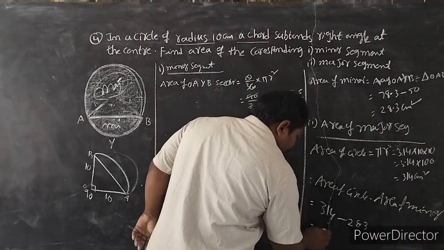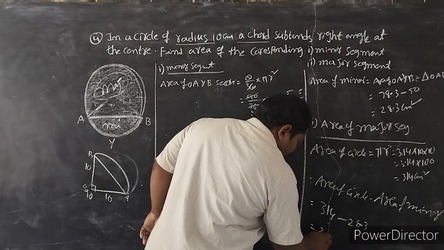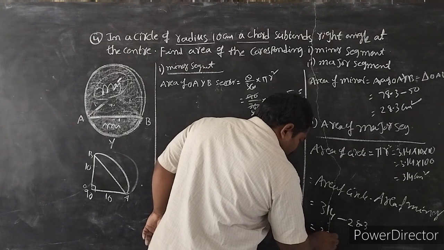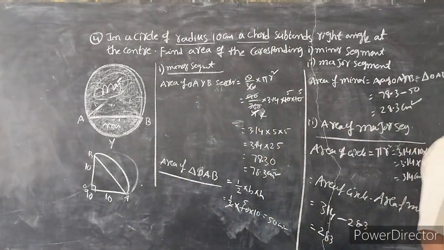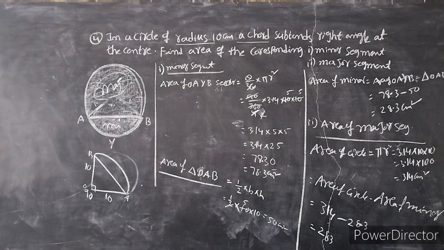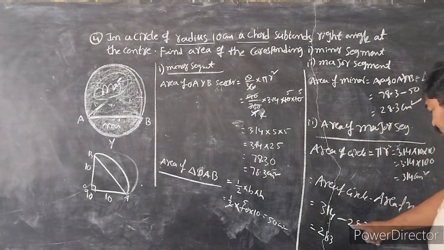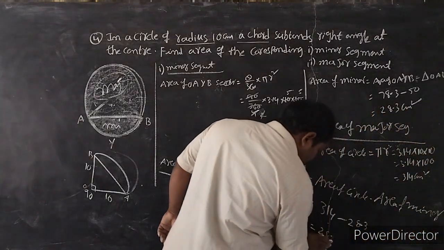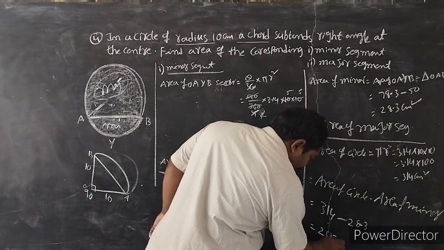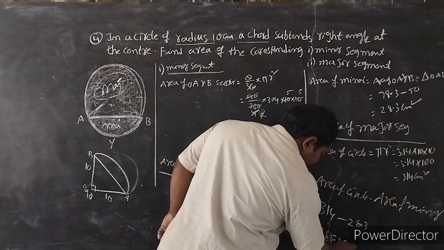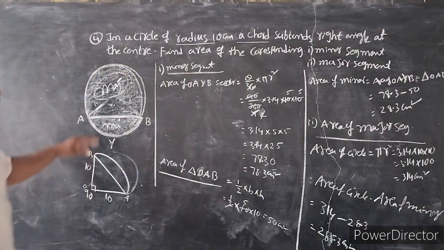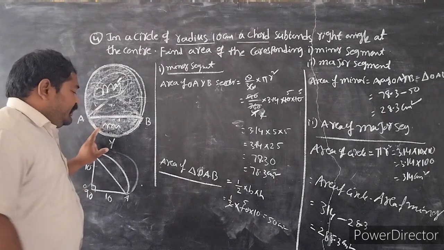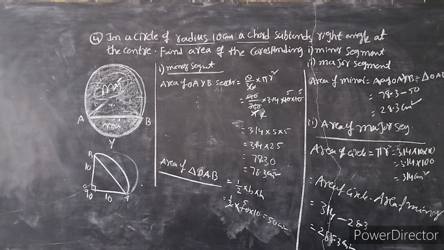Therefore, 314 minus 28.3 is approximately 285.7 centimeter square. This is the total area of the major segment. Like this we can calculate the area of the minor segment and major segment.